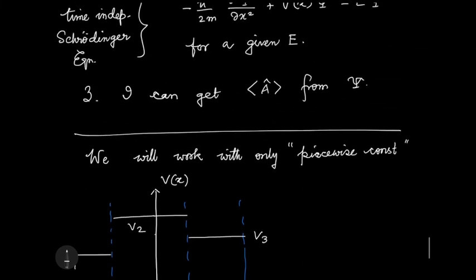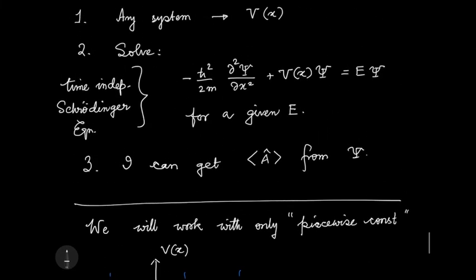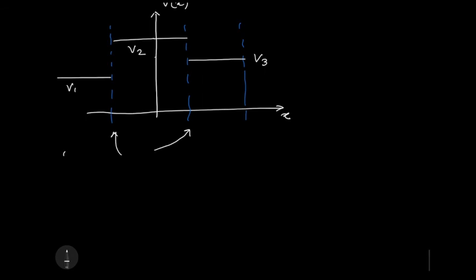So within this region, if the potential doesn't change, then the solution of these equations will assume a certain functional form. Say I calculate that the corresponding solution in this region is psi1, in this region is psi2, in this region is psi3. If you wish, there can be something else here, psi4.